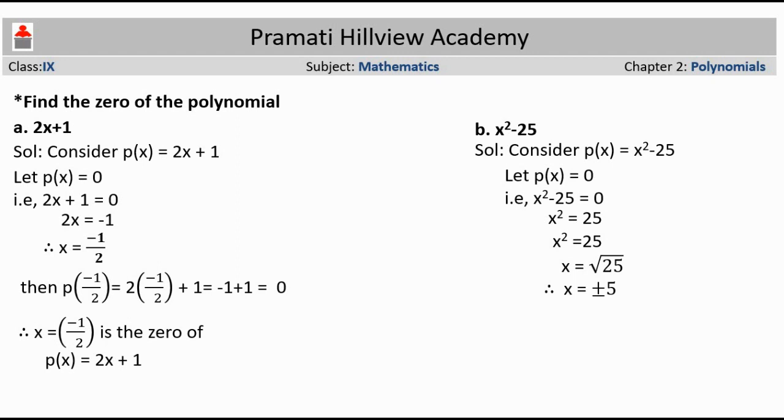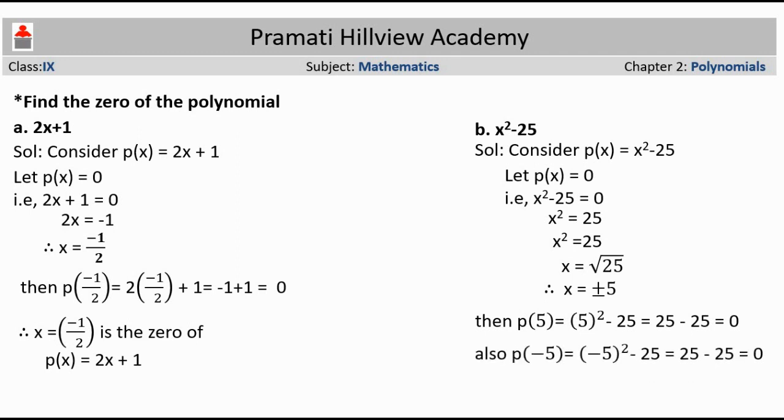Substituting this value of x in the given polynomial, we have p of 5 is equal to 5 square minus 25. That is 25 minus 25, which is equal to 0.